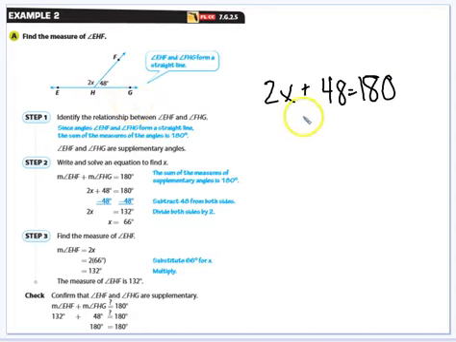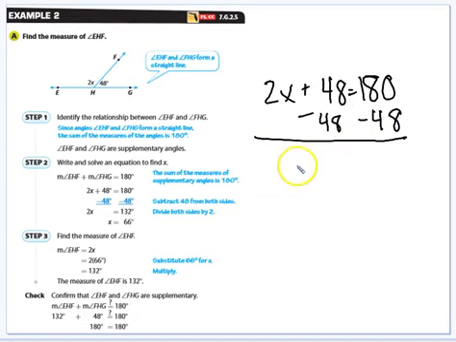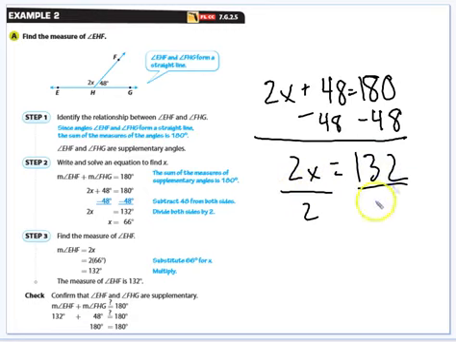So real quick, this is just a regular equation, class. So I subtract 48 from both sides, and then I get 2x on this side, and I get 132 on this side. Then I need my x all alone in its multiplication, so I do the opposite from both sides, and then I get x equals 132 divided by 2.